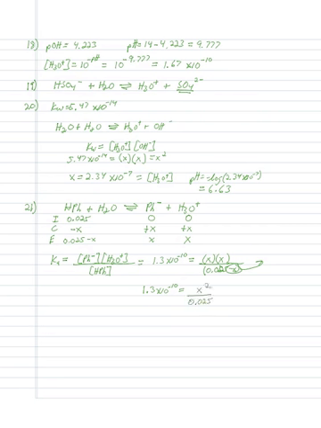And then when I solve for x, which is equal to the concentration of H3O plus, I get a value of what? 1.80 times 10 to the minus 6. Okay, and when I take the negative log of that to get the pH, I get a pH of 5.74.